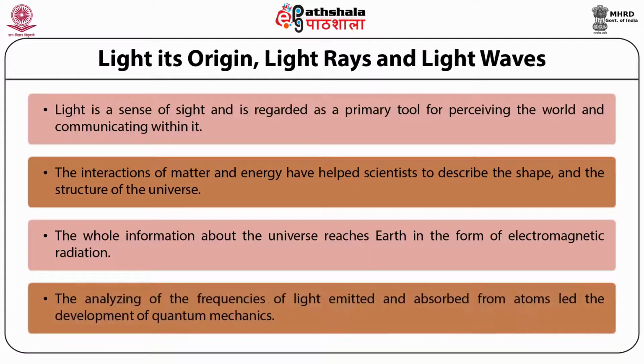Analyzing the frequencies of light emitted and absorbed by atoms led to the development of quantum mechanics. However, atomic and molecular spectroscopy continued to be a primary tool for probing the structure of matter.